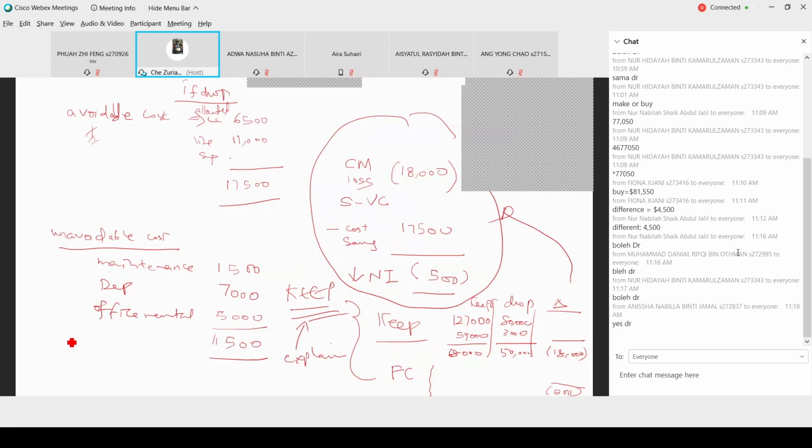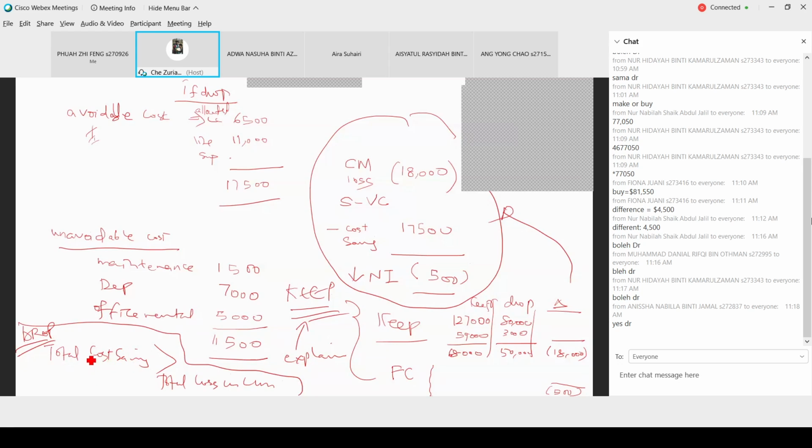And then the rule, if you want to keep or drop, kalau you nak drop, the total cost saving must be more than total loss in CM. Ni adalah rules if you want to drop. So you boleh masukkan dalam jawapan you lah.